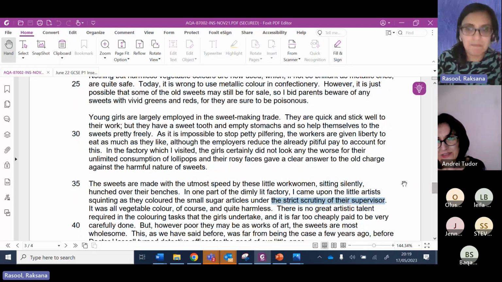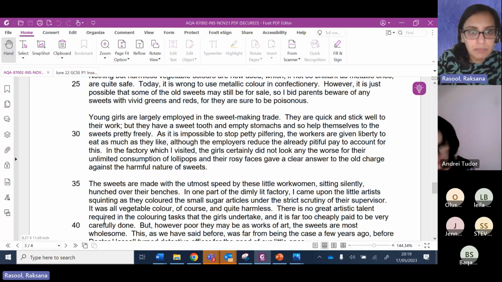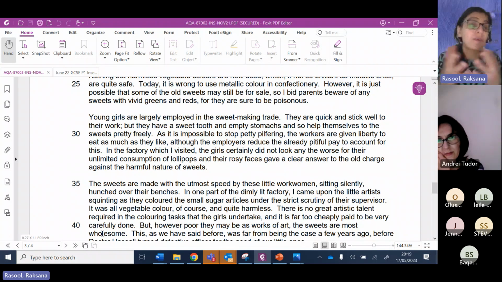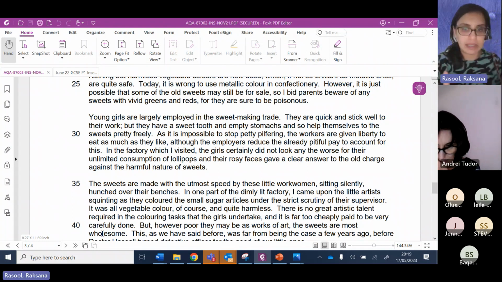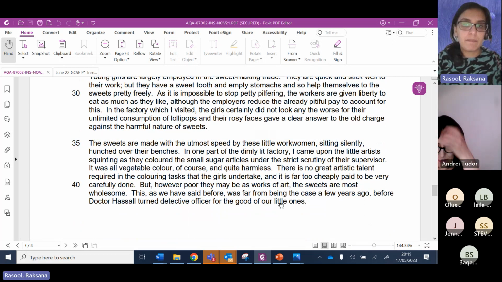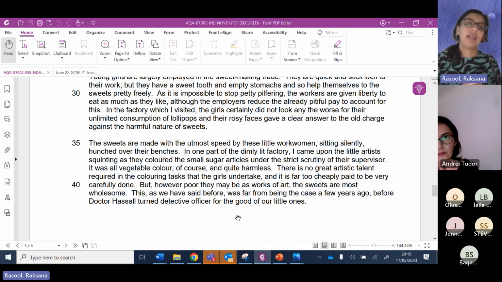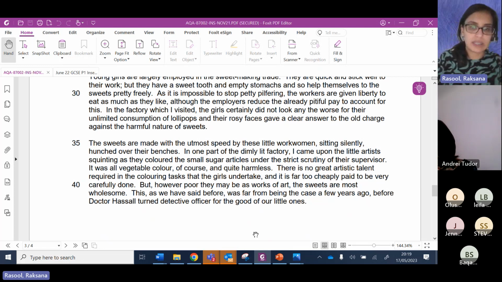So that's what it means. If something's wholesome, here it is again: "However poor they might be as workers' arts, the sweets are most wholesome." So they've got everything going for them, basically. And this, as I said before, was a far cry from being the case a few years ago. They weren't wholesome then, they were poisonous then.